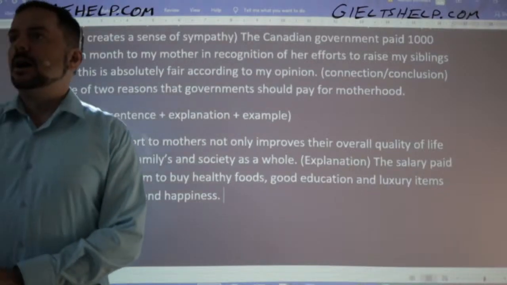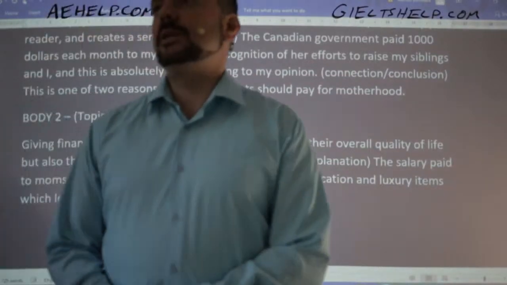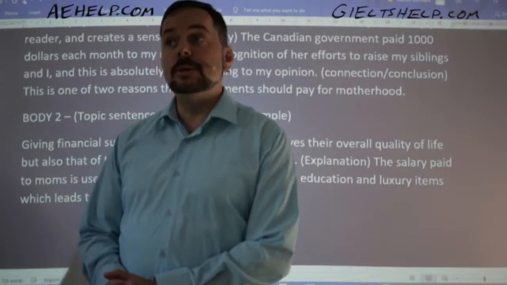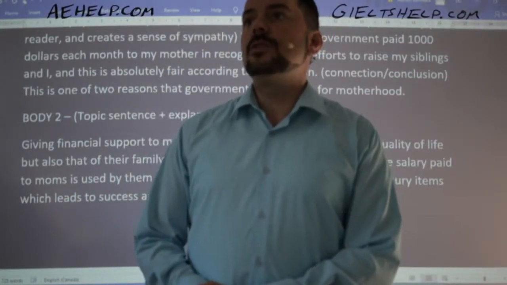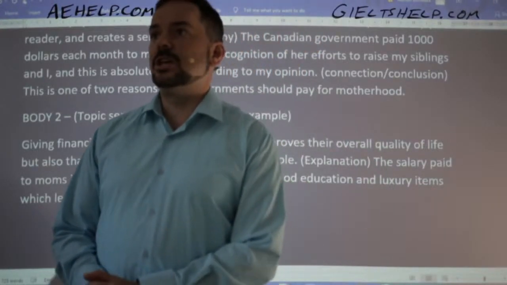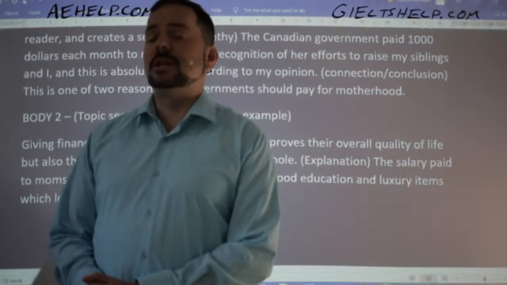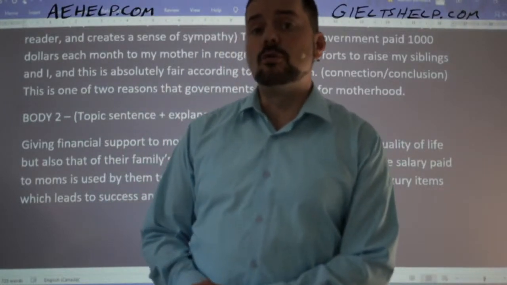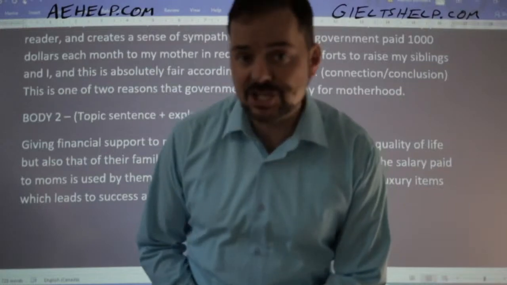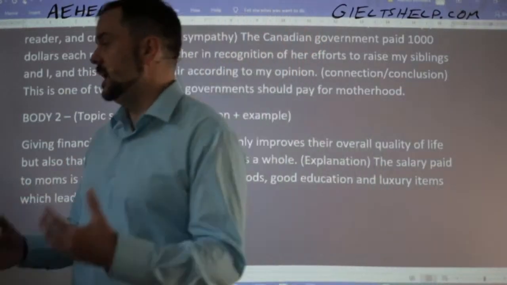Okay. Amit says, with the help of a 20,000 rupee monthly salary, mothers can buy either healthy foods or they can use it for their children's education as well as for traveling and other expenses, thereby enhancing their overall life satisfaction, right? So it's that quality of life.